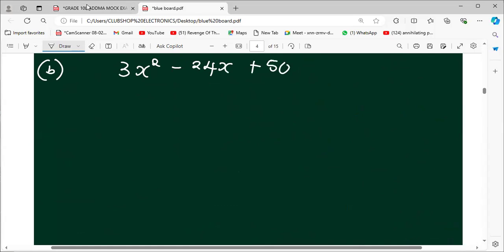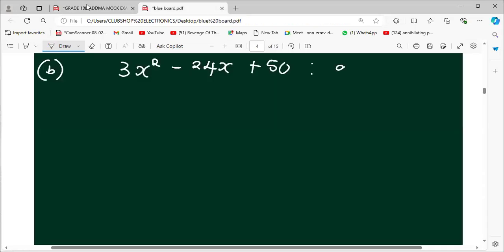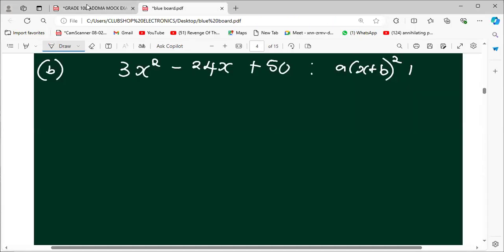The question is, we want to express it in the form a open bracket x plus b squared plus c. Then we use that to determine the turning point. So we are going to use the completing the square method.